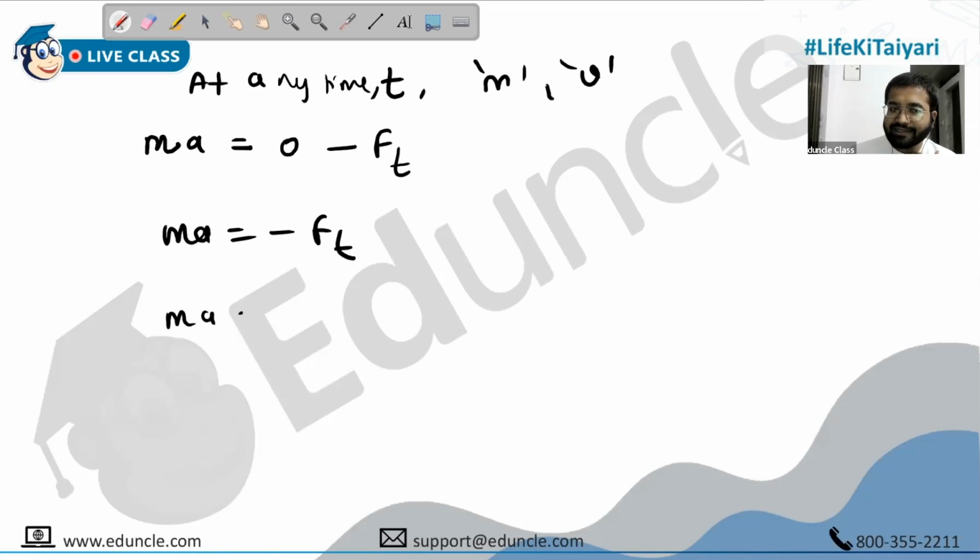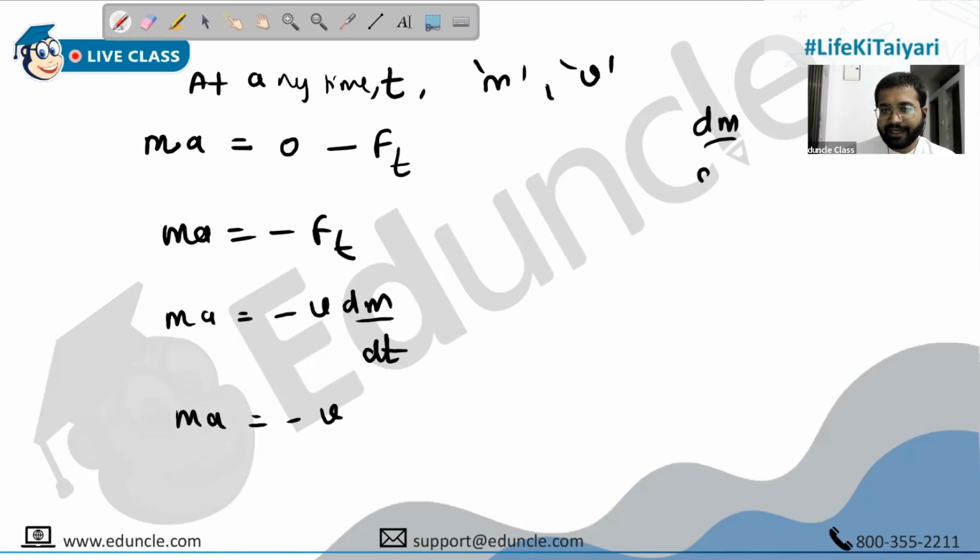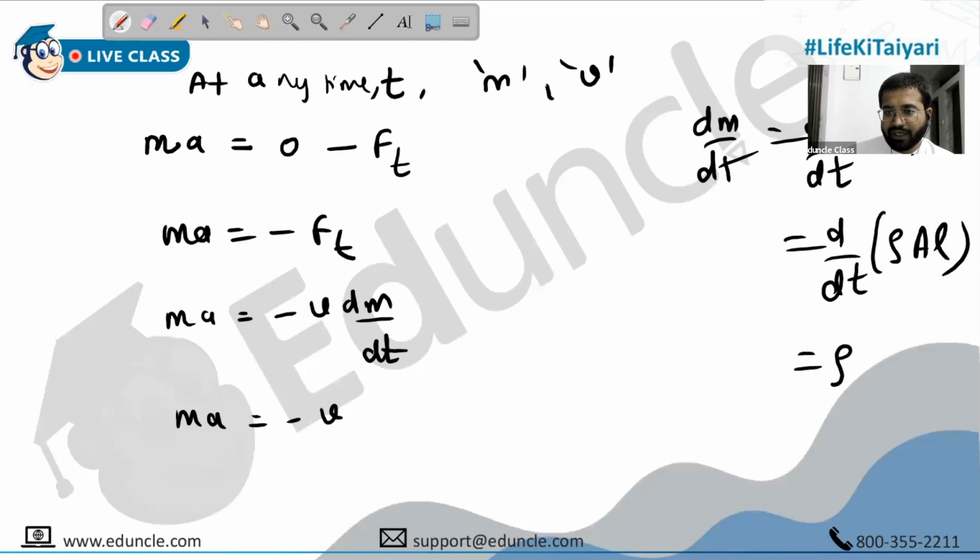So mass into acceleration, what is thrust force? It is v dm by dt. So m a is minus v dm by dt. Now we know what dm by dt is. We have done this ample amount of times. dm by dt equals d by dt of mass density into volume. So this is d by dt of rho into area into length. Rho is outside, and area is constant for the spaceship.